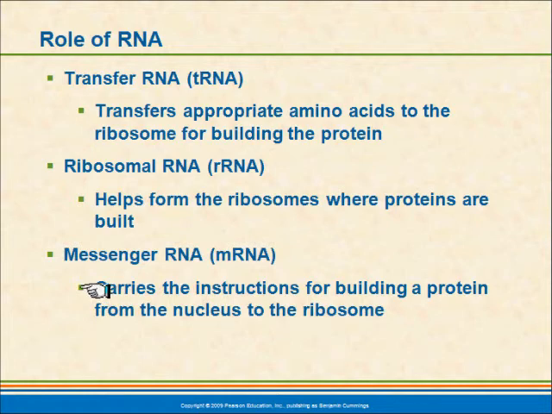And then we have ribosomal RNA, which is a special kind of RNA that can read the message off of the messenger RNA and help build the protein. And it builds the protein with the assistance of transfer RNA, which is kind of like a gopher at a job site in that it goes and gets the particular amino acid that's needed.